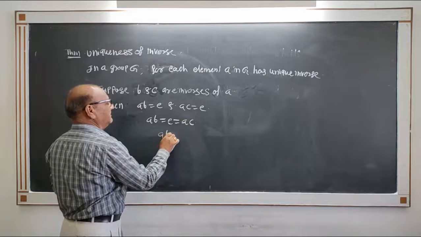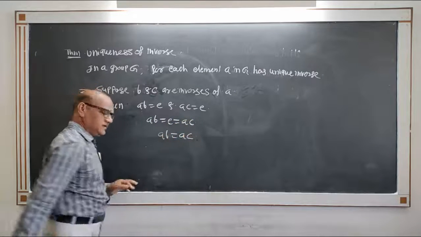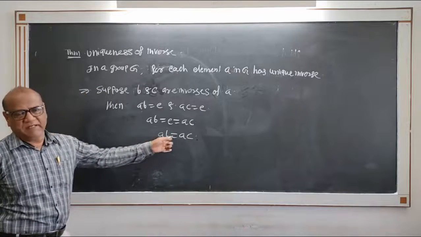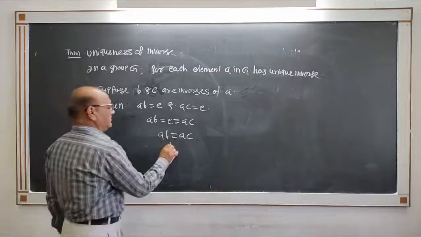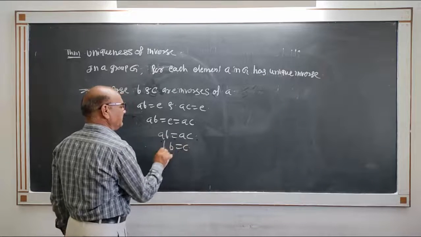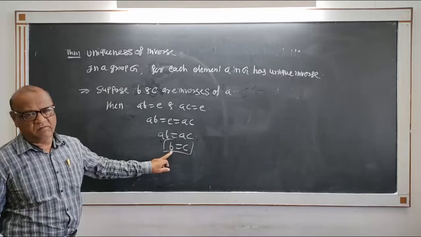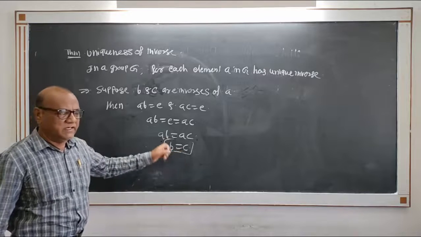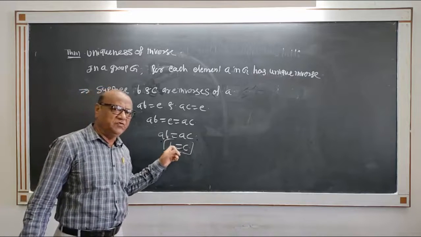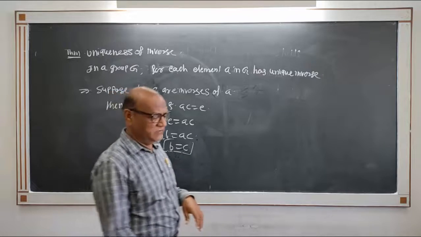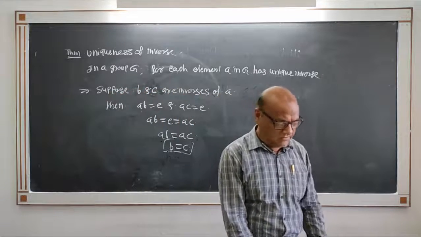That means AB is equal to AC, and by the left cancellation law, B is equal to C. That means both inverses are equal. That means every element has a unique inverse.